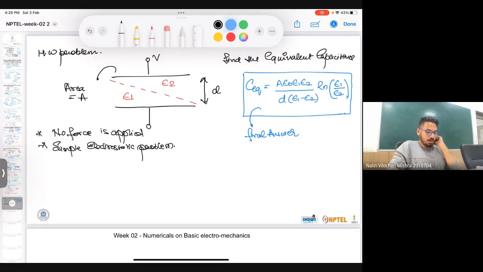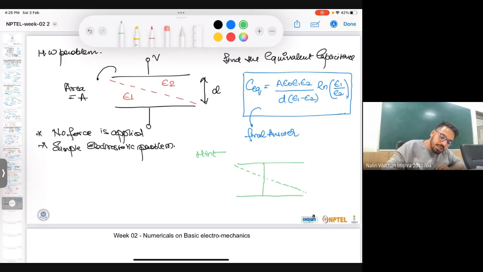Here, let me give you some hints so that you can proceed. What you need to do is take a very small strip of width or length dx.